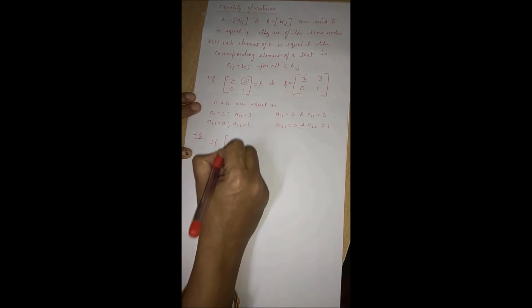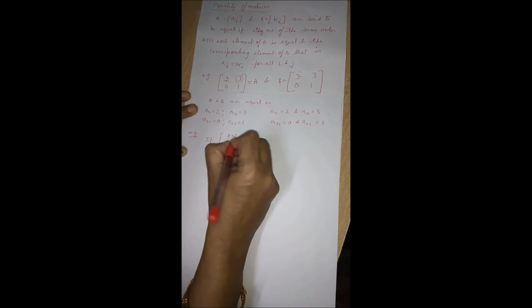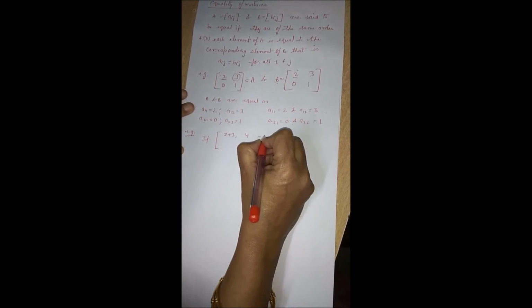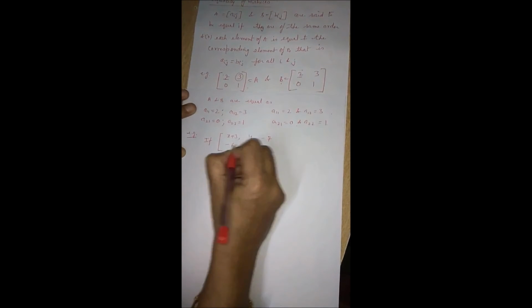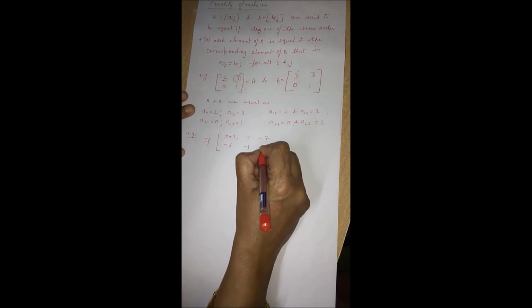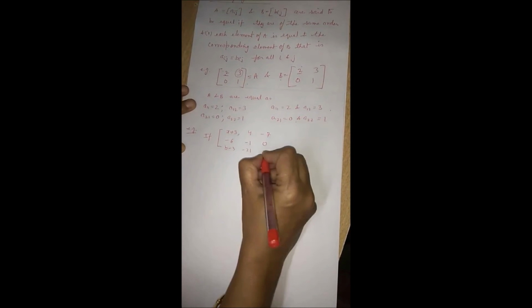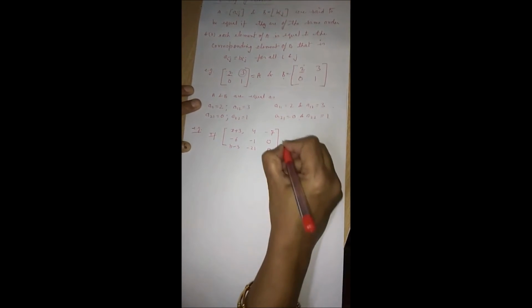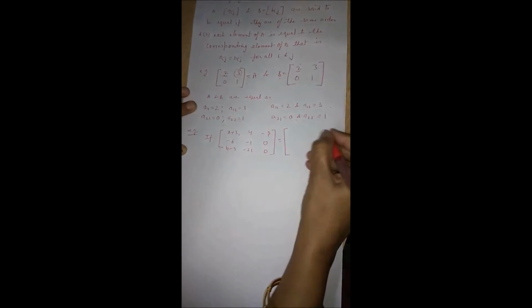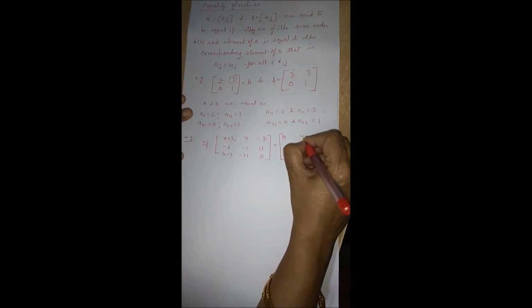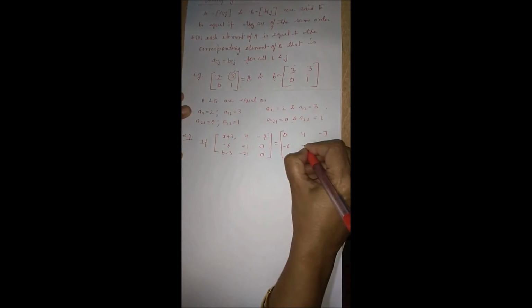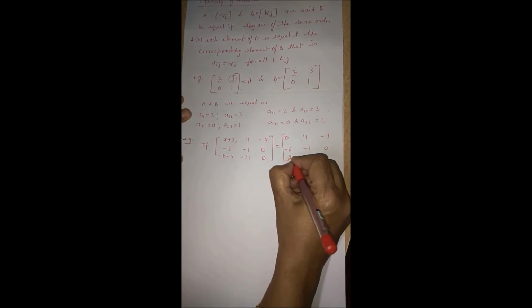Now, I would like to take another example. Suppose the matrix x plus 3, 4, minus 7, minus 6, minus 1, 0, b minus 3, minus 21 and 0 is one matrix which is equal to the second matrix 0, 4, minus 7, minus 6, minus 1, 0, 2, minus 21, 0.